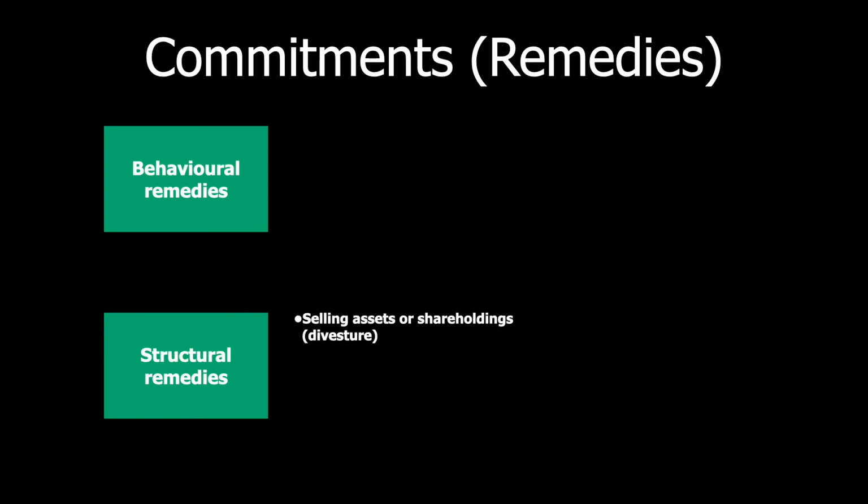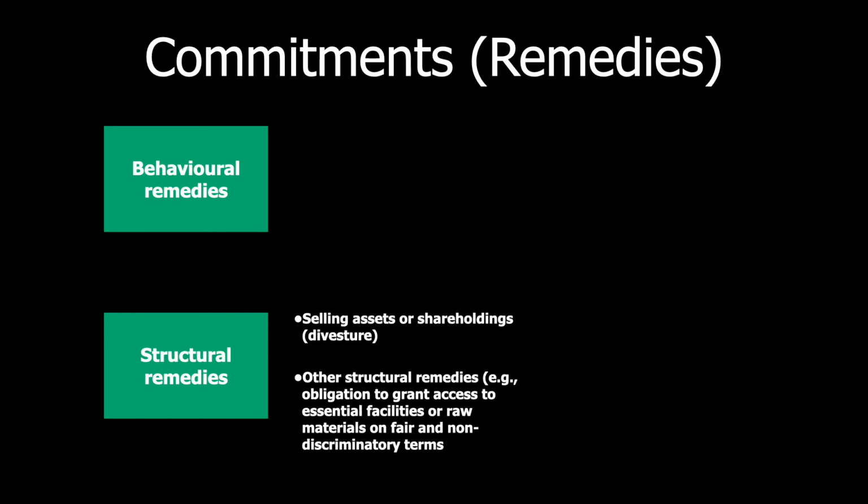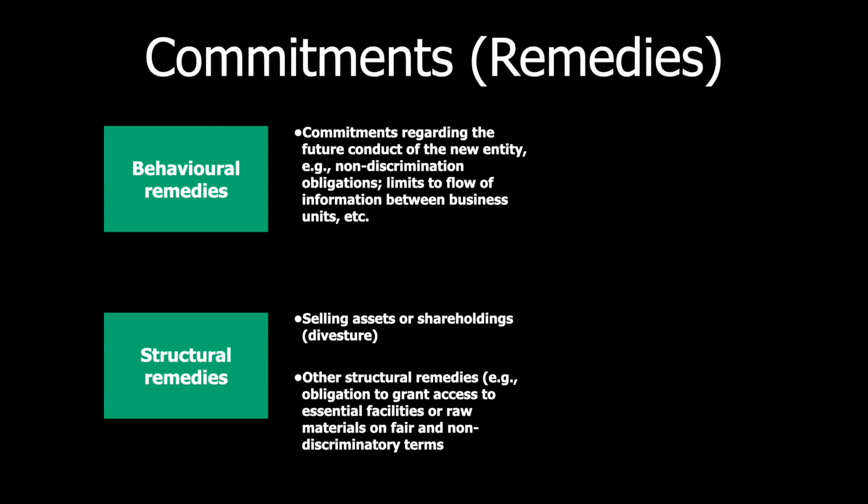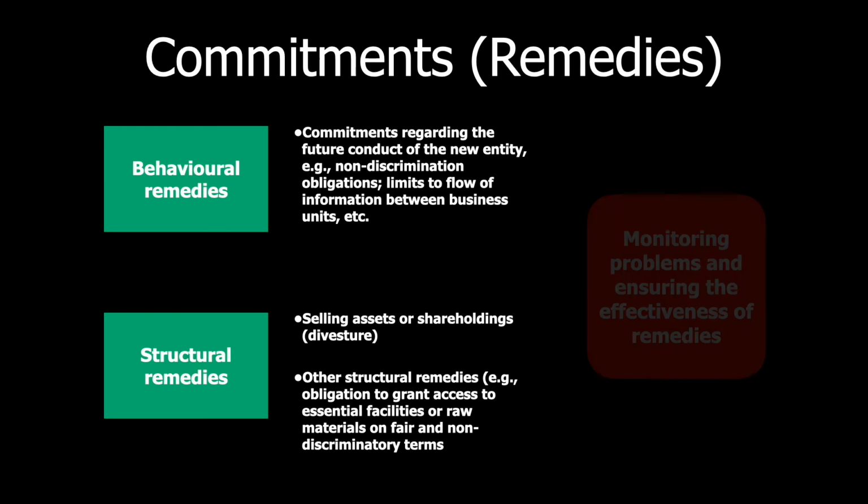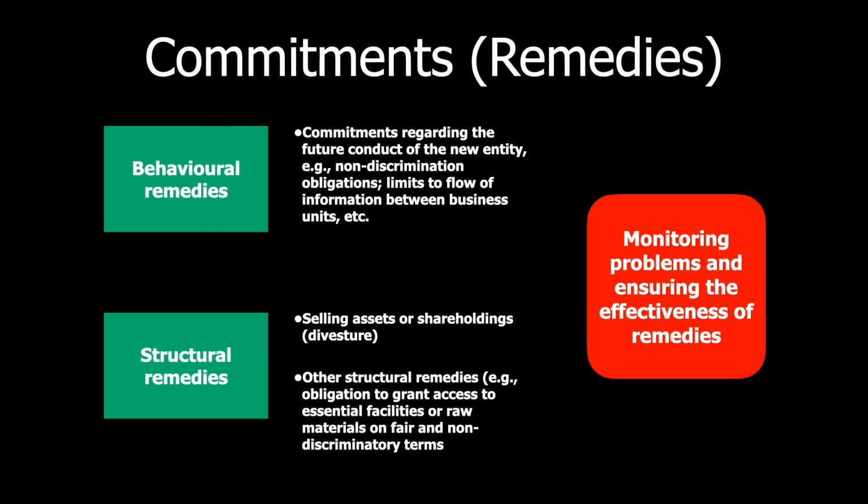As the name indicates, behavioral remedies involve conduct obligations on the side of the notifying party. Structural remedies require changes that have an impact on the structure of the market post-merger. Although structural remedies tend to be more apt to solve competition issues in the long run, both types of remedies raise monitoring issues as well as difficulties in guaranteeing their effectiveness.